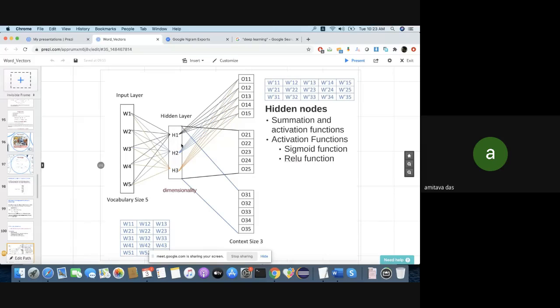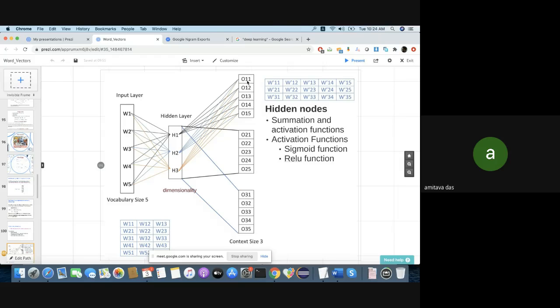Now, what are we predicting? We are predicting 3 possible words given this word. Let's say this is my input word, W3. This is my context, W1, W2, and W4, W5, two on the left and right. This is my given word, and I'm trying to predict all the possible context words.